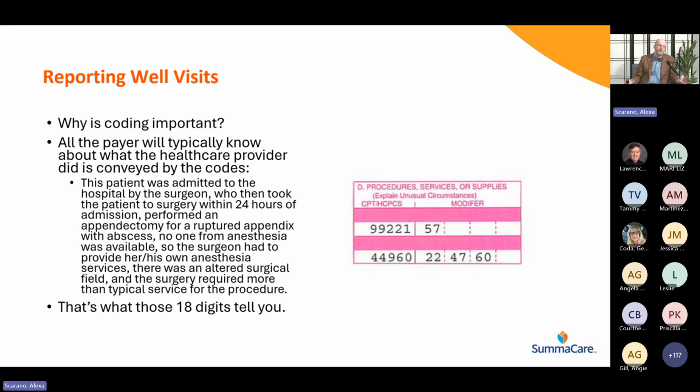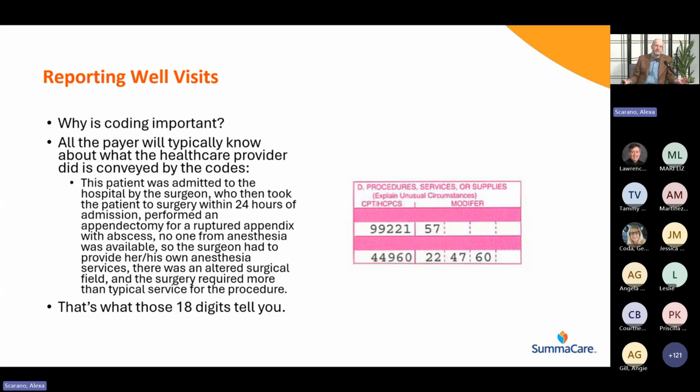This is typically all a payer knows about what happened, these 18 digits. But pause a moment and understand the information that those 18 digits convey. And you see it there on the left.